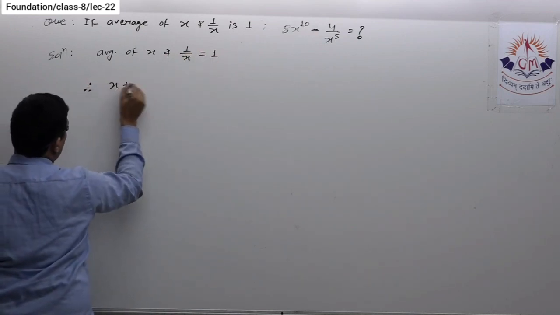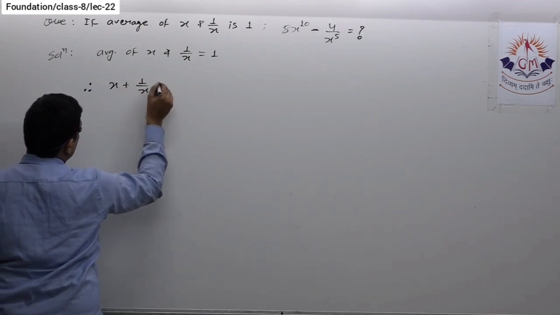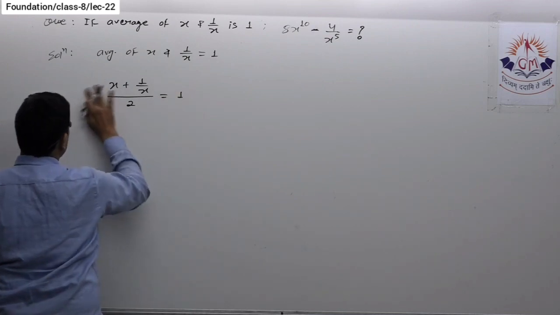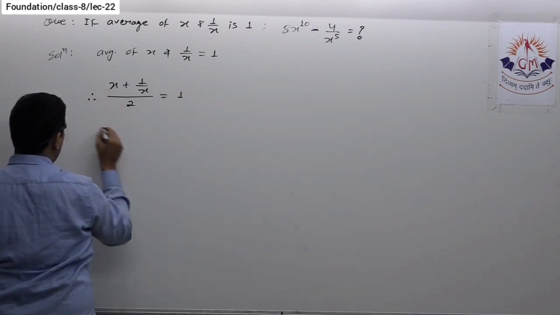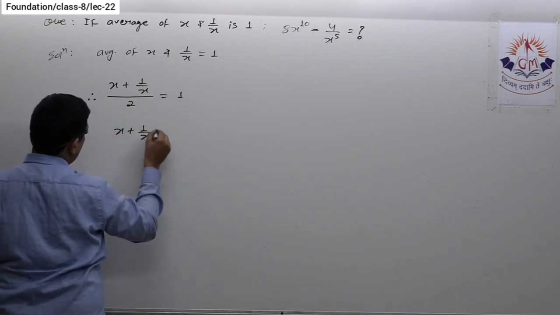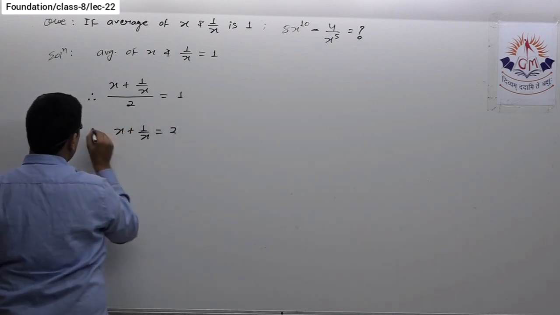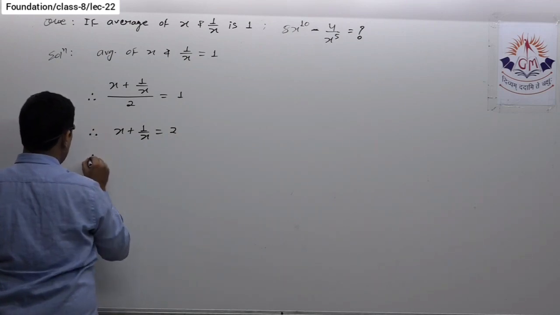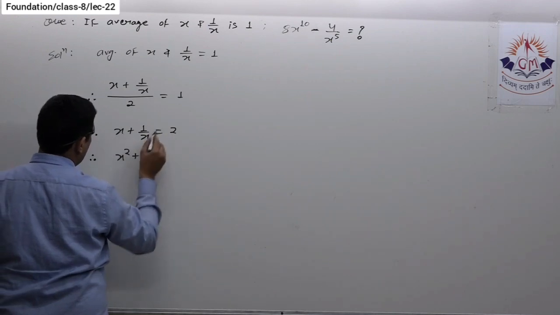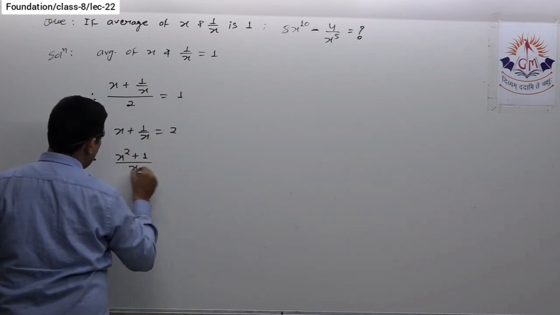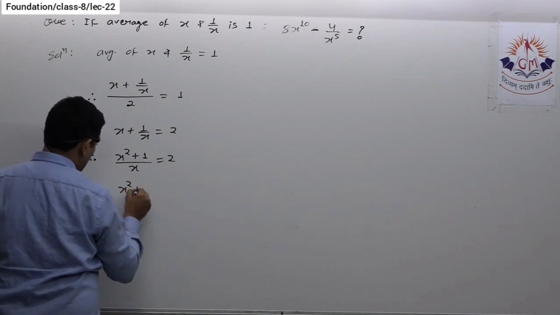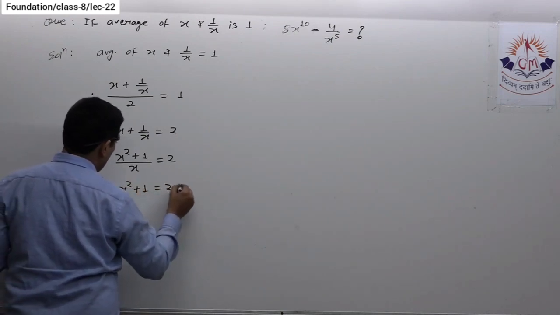Therefore x + 1/x = 2, and hence x square plus 1 is equal to 2x.